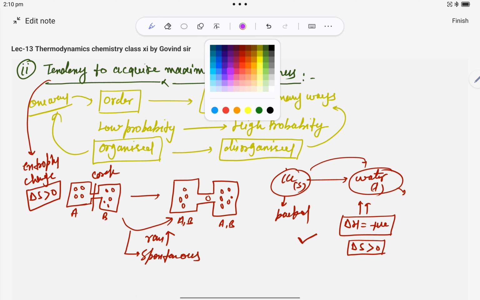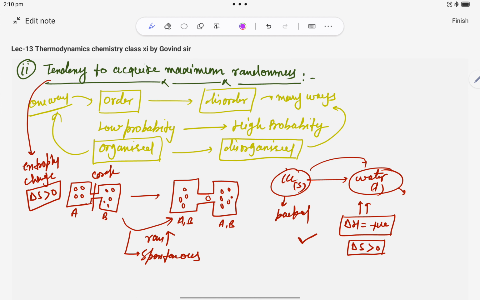What, sir, again and again you are saying problem? Yes. Tell me one thing, liquefaction of gases. Here gas is there and it is liquefied into liquid. So gas is what?